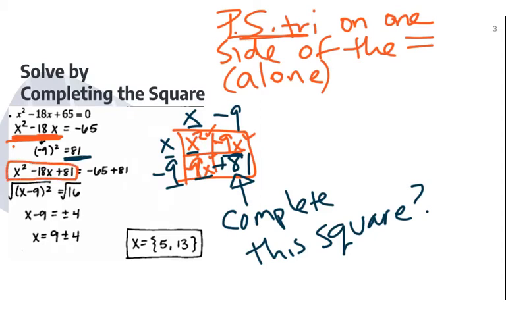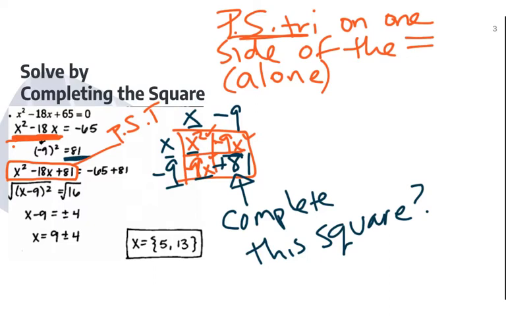Remember, I said that is what I needed, this perfect square trinomial. So the whole point of completing the square is not to get it to equal 0. It's not to factor it. It is to complete this square.